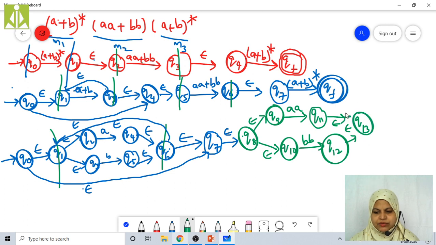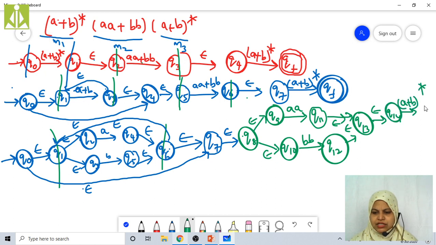Up to here clear. AA plus BB. Then here we have to draw the same thing, epsilon, and then Q8. Here you have to write epsilon, Q14, A plus B whole star, then QF. You have to draw this complete thing. Up to here clear?